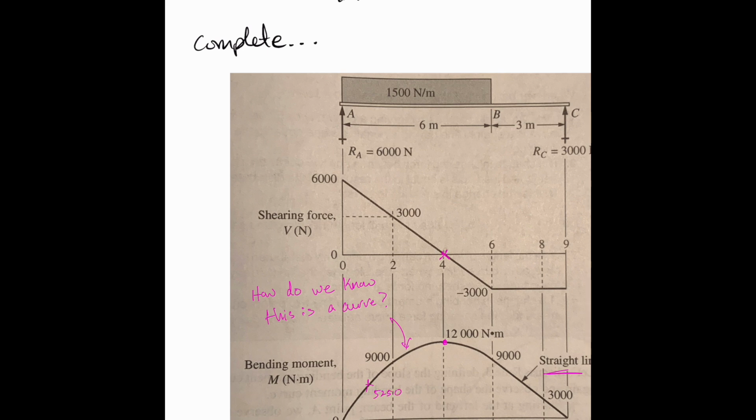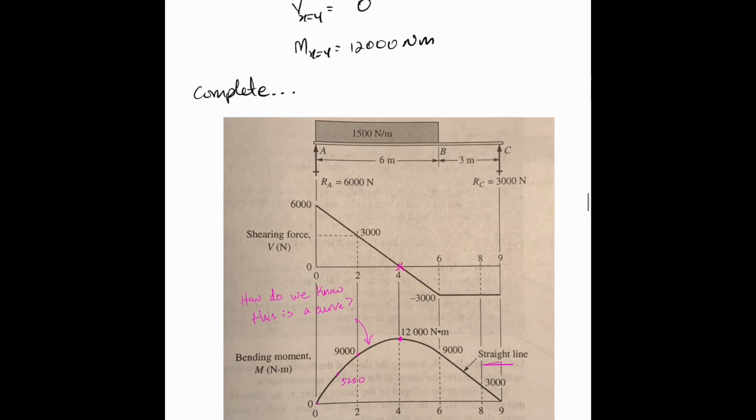At x equal to 2, it was 9000. So why doesn't it go like this, straight lines? So we plotted a curve through that, right? But how do we know? How can we calculate the equation of that curve? And that is something that we're going to go into just now.